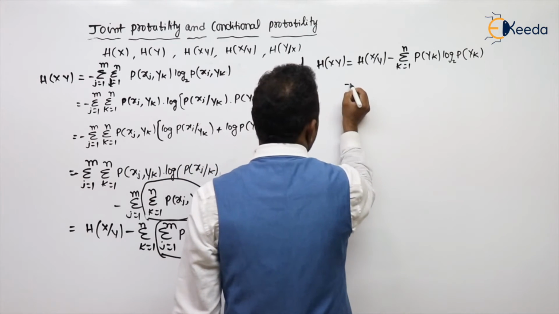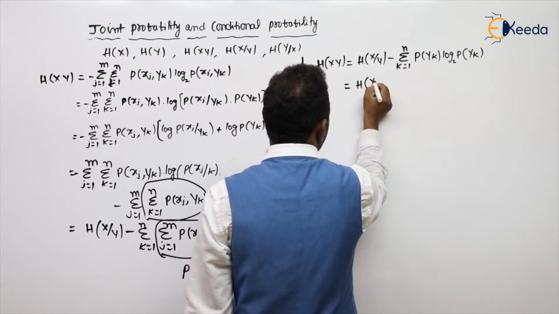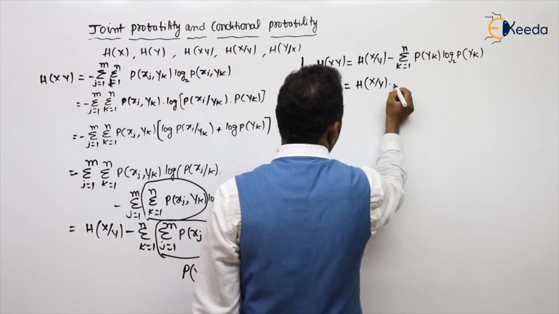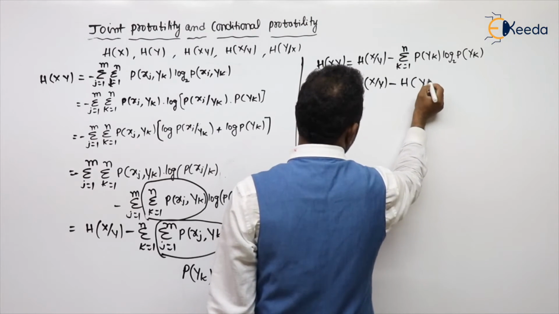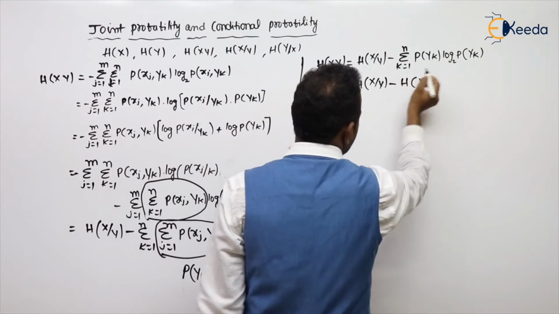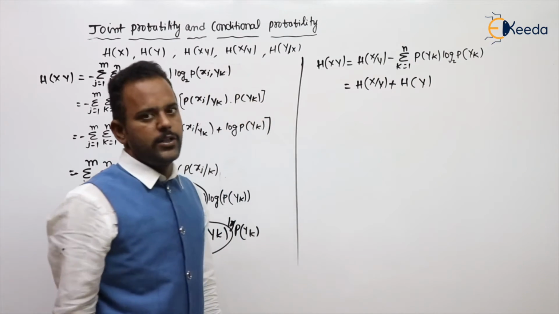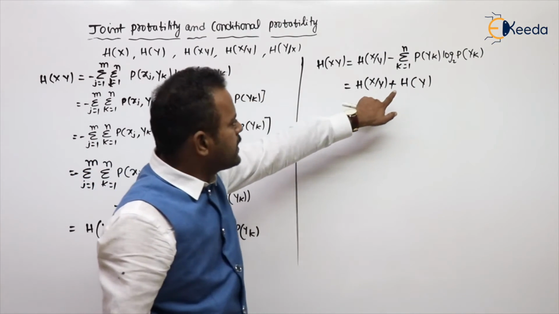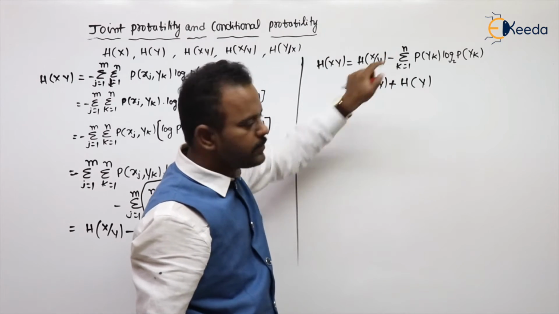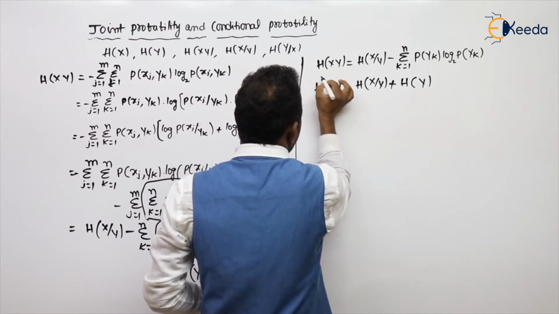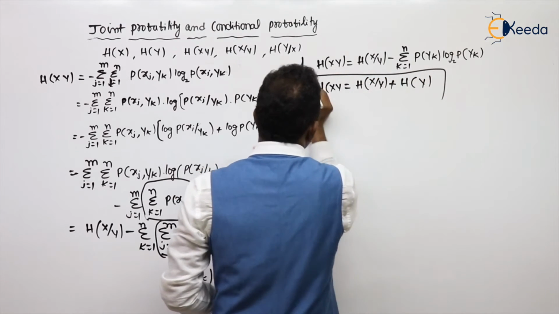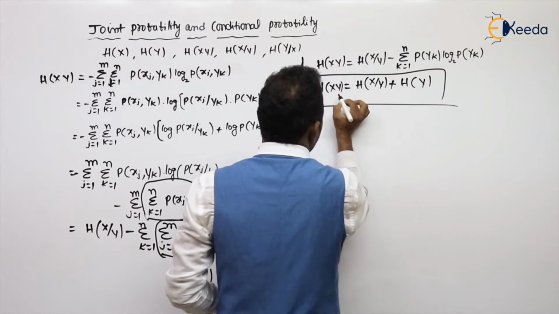So H of xy equals H of x by y minus summation of p of yk log p of yk, and this is nothing but the entropy of the output symbol. The entropy formula itself has a minus, so it becomes plus H of y. Finally H of xy equals H of x by y plus H of y.